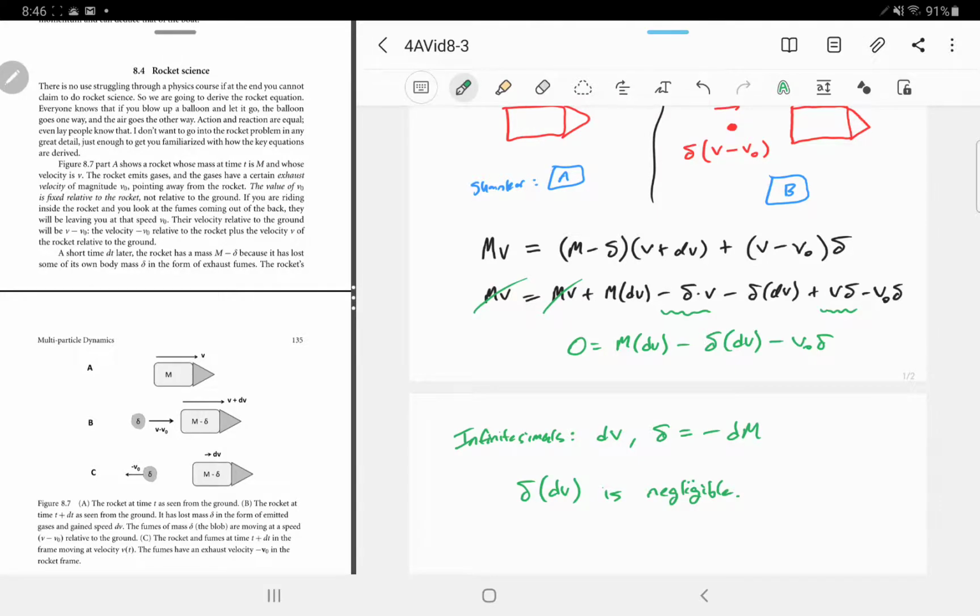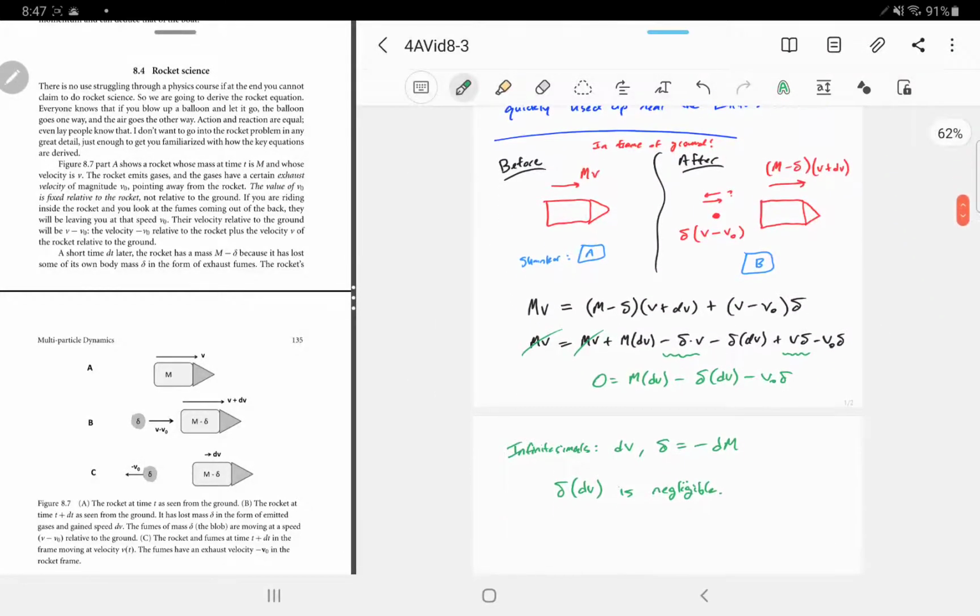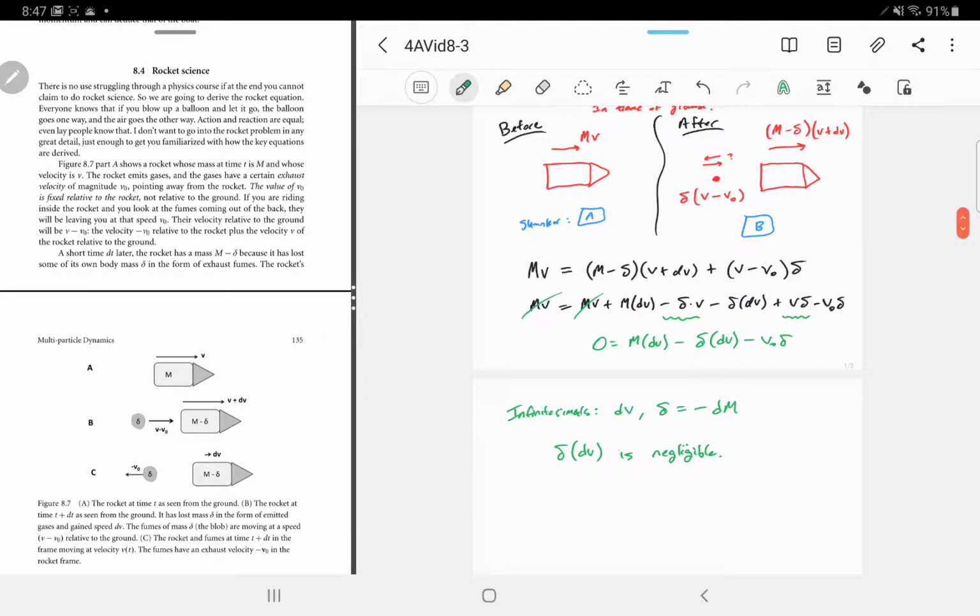These terms are second order in the infinitesimals, and you can ignore them. It's not that you're going to get an approximate equation. It's that we're setting up an equation that's exactly true to first order in the Taylor series. So we're going to get an equation that's exactly true. I know that's confusing. That takes a little while to get used to.